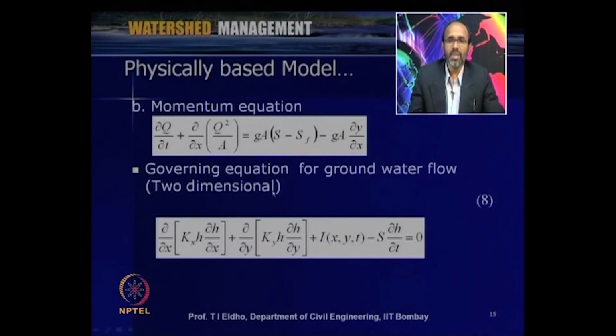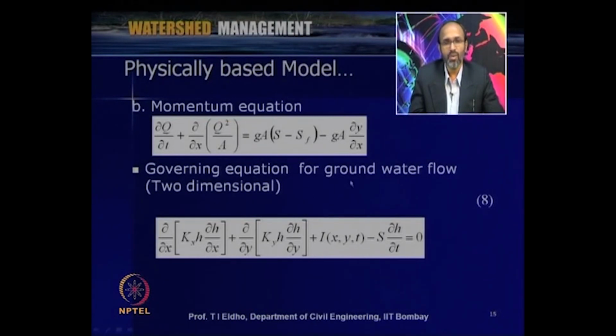And then sometimes, depending upon the requirement, we can also combine this overland flow and channel flow model with a groundwater flow model, if interaction is expected between the components, or if you want to go for more comprehensive modeling.